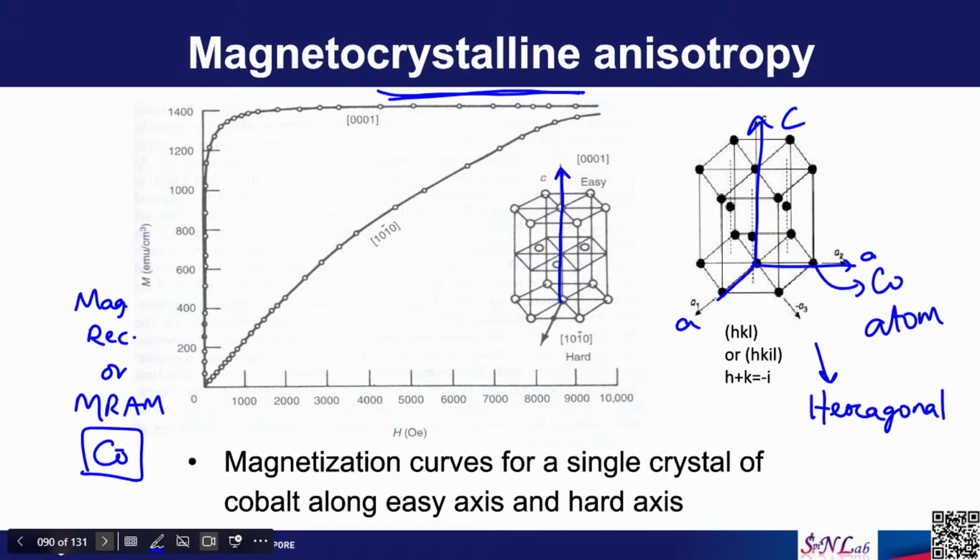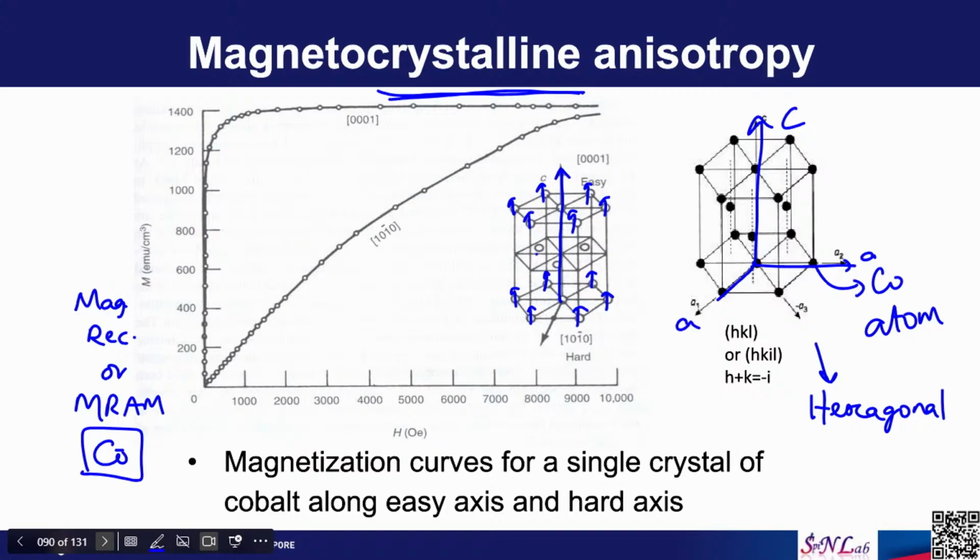What it means is that if you do not do anything special at ground state, the magnetic moment of all these cobalt atoms are pointing along this direction. So, when the magnetic field is 0, in the ground state, all the magnetization is pointing along this direction.